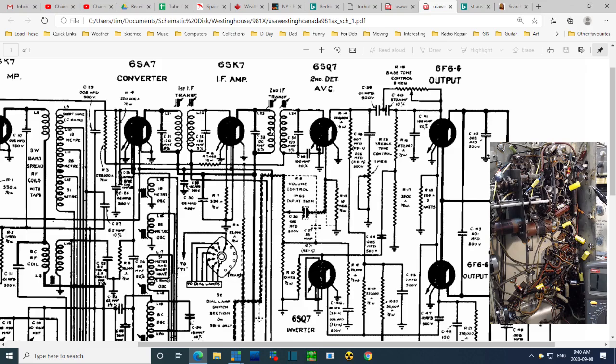What's happened here? I kind of lost my mind here, did I? Off the first IF, it comes off of one terminal of the IF and heads to pin 6. Pin 6 is the plate that has to be here. There's nothing here. How does this work? How do you get a big resistor in here?